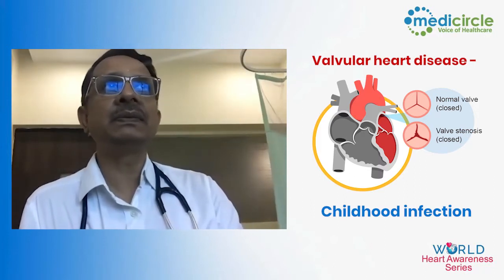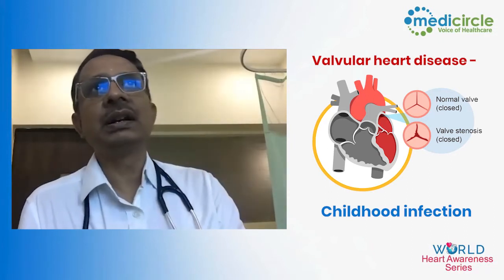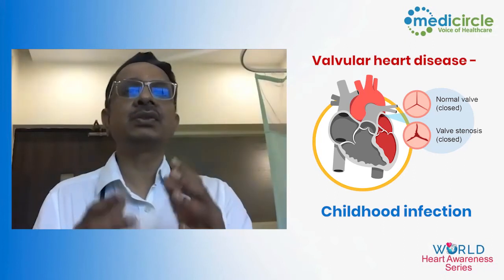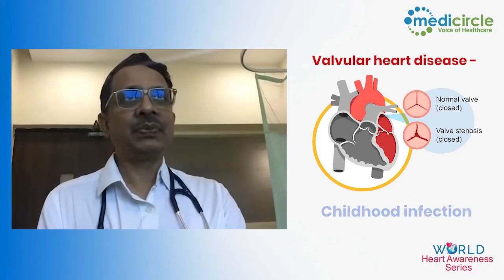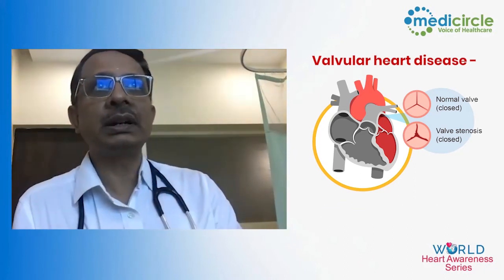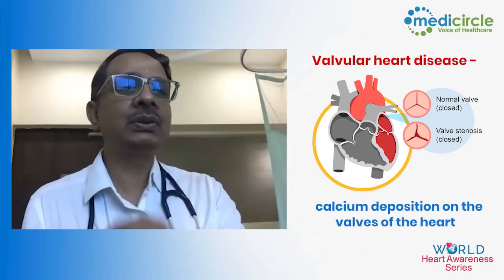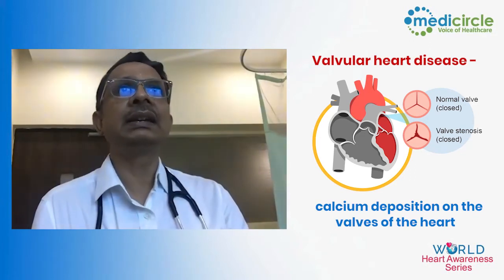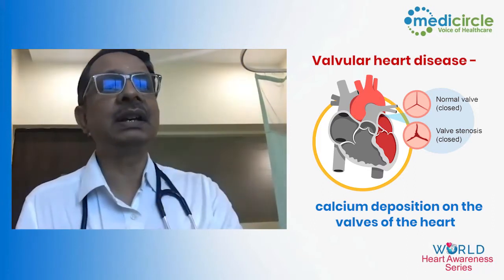This is a common infection in childhood, which later on, as the person grows, maybe in his 30s or 40s, the infection spreads to his heart valves, and then the valves can get damaged. Other is, as the person grows older, like maybe 60s or 70s and on, some calcium deposition also occurs on the valves of the heart, and that can reduce the movement of these valves, and then the patient can have this heart disease of the valve.